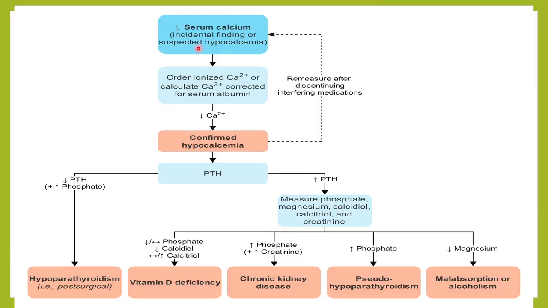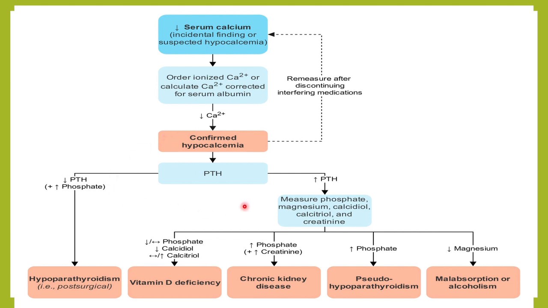Whenever the serum calcium is low, we will have to order the ionized calcium to see whether it is an actual calcium deficiency or just a factitious hypocalcemia because of decreased albumin. So when you know that actually the calcium is low, it is confirmed hypocalcemia, then we will have to find out what are the causes.